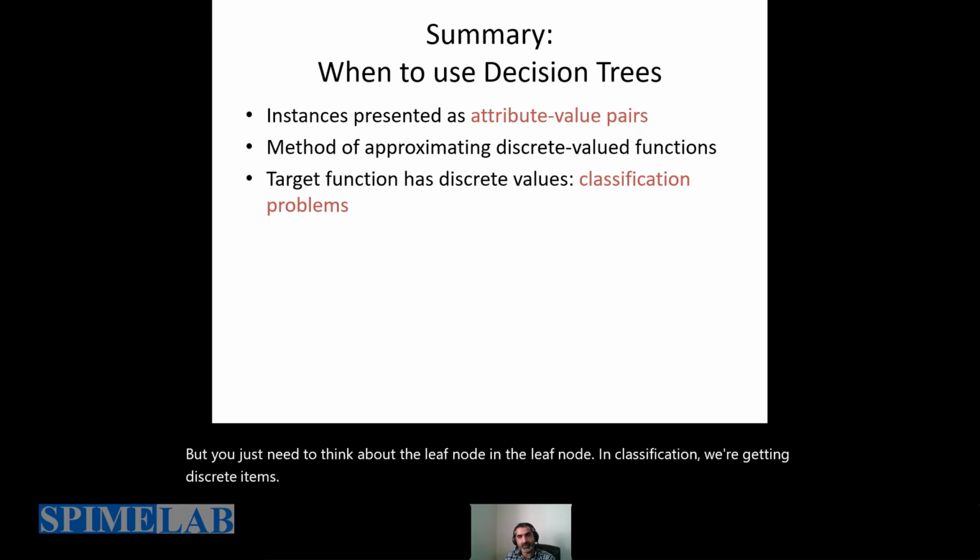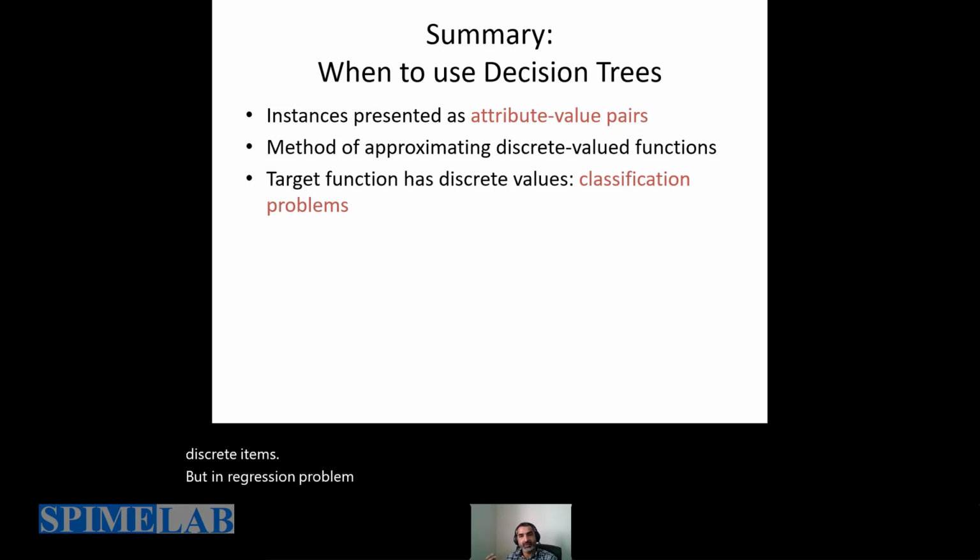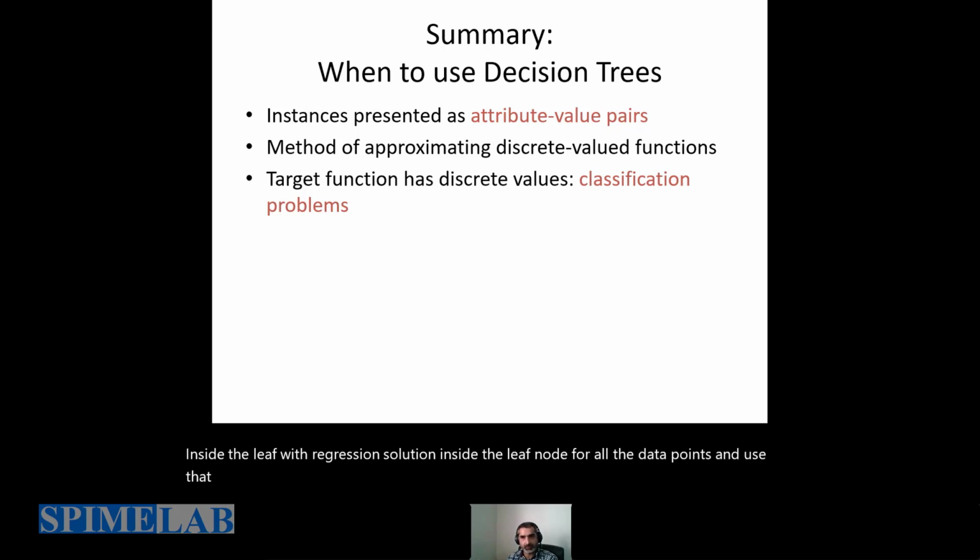But in a regression problem, the leaf node will have a range of numbers. And we can take an average of those numbers and output the average as the regression output, or we can fit a regression inside the leaf node for all the data points, and use that regression solution to output Y.